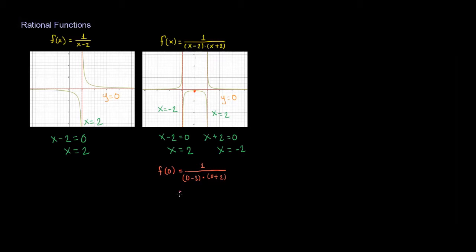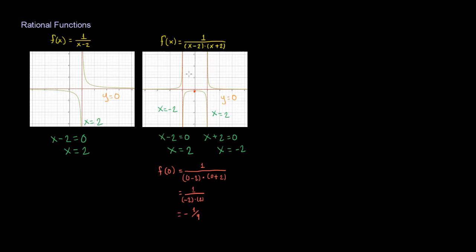So this y-intercept will be 1 over negative 2 times 2. In other words, this intercept will be at negative 1/4, which is this point we have here. It's the y-intercept.